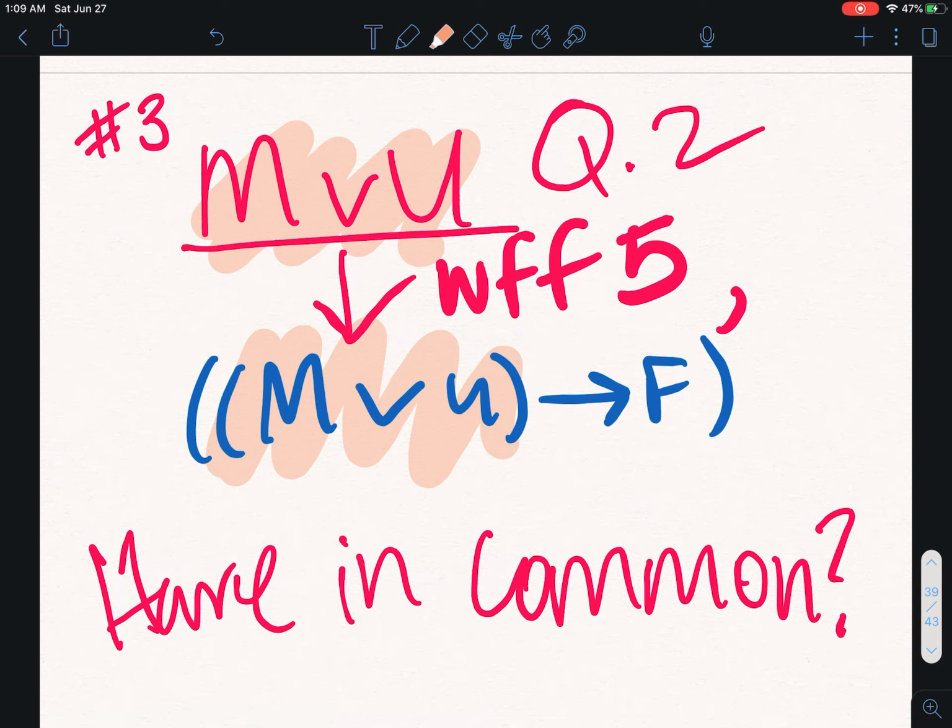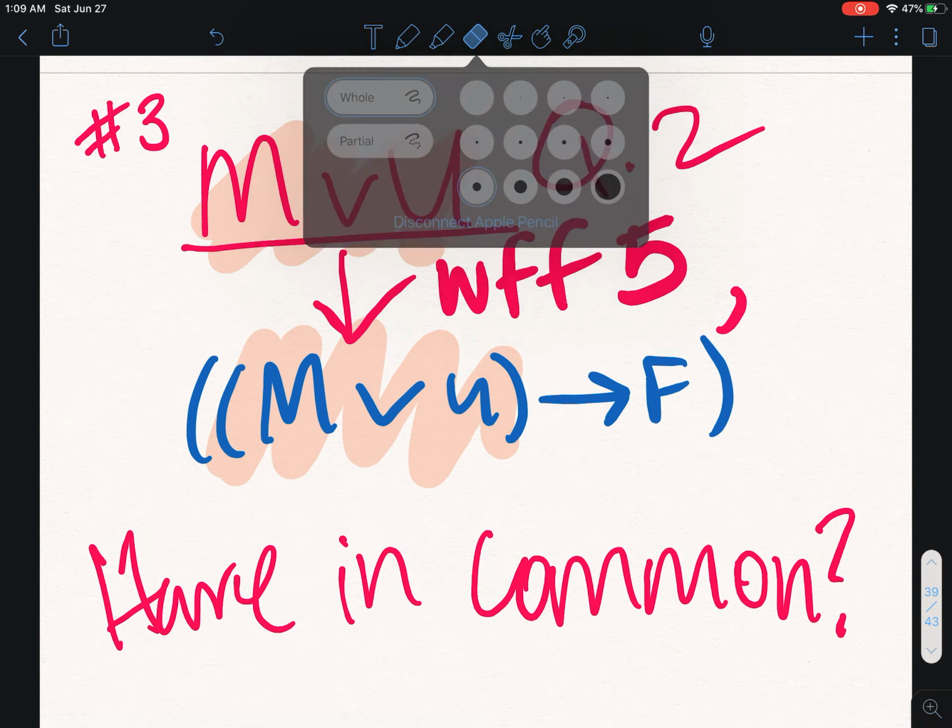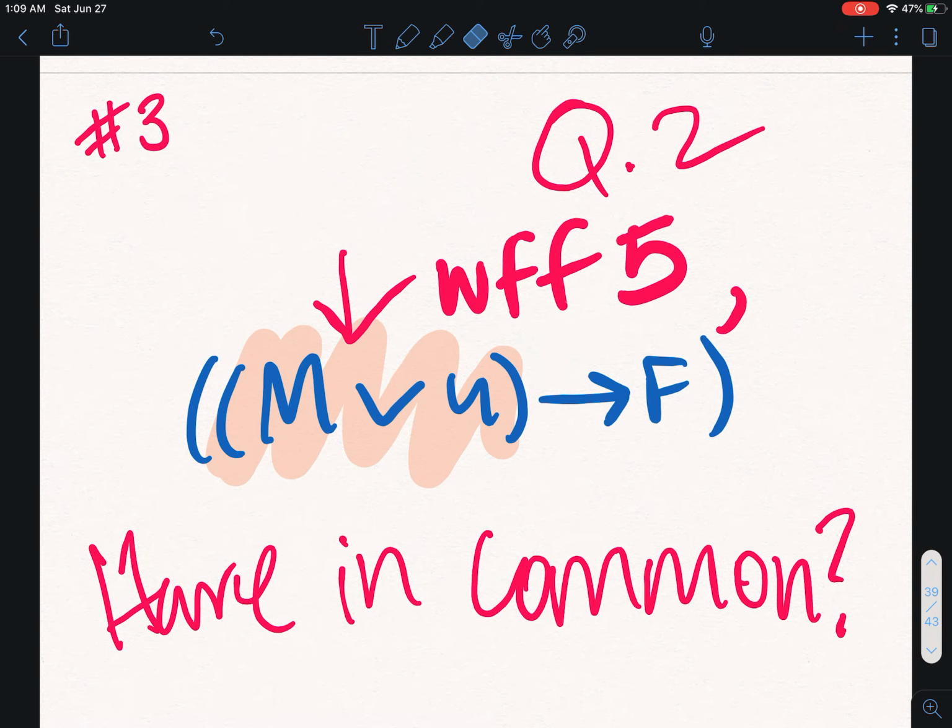What is it gonna make? You can't know, you cannot know number 3 if you don't know number 2. That's basically what the question is saying.